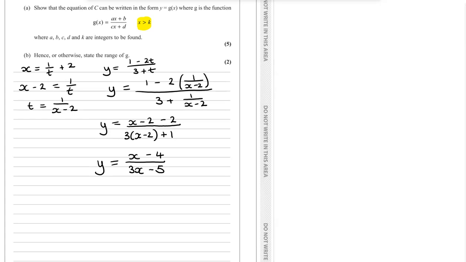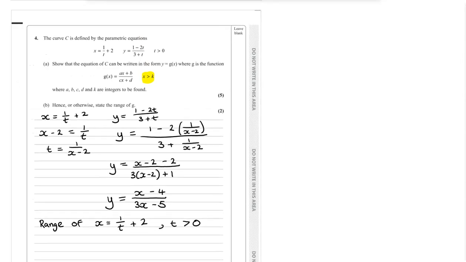We're going to use something we talked about at the start of the video, in that the range of x as a function of t will be the domain of my Cartesian. So what I'm going to do is find the range of x equals 1 over t plus 2 for t being greater than 0.